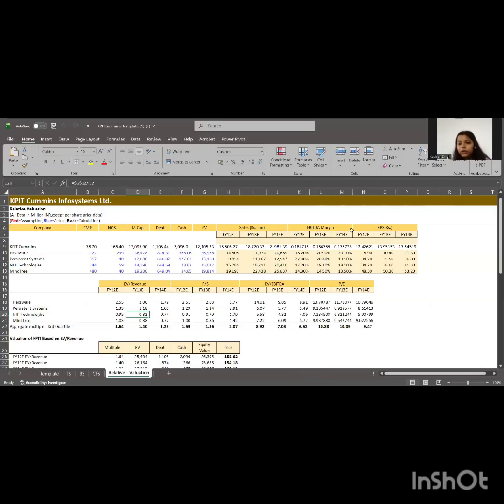Next is EBITDA margin. Below sales, we usually find the EBITDA margin. That is earnings before interest, taxes, depreciation, and amortization as a percentage of sales.